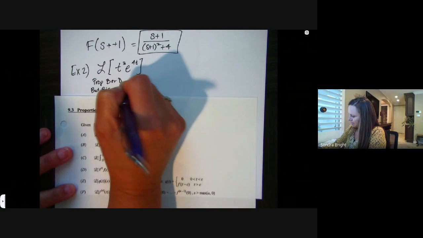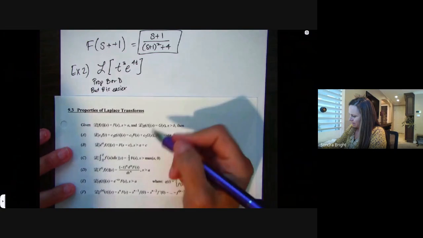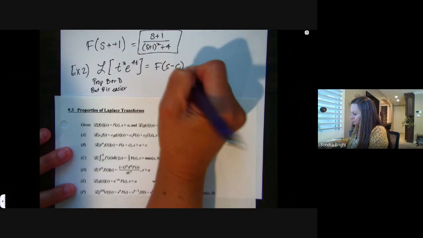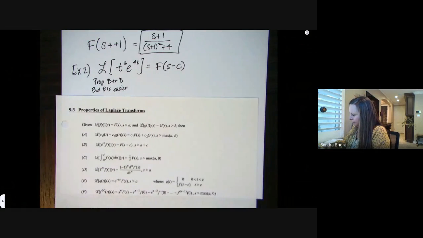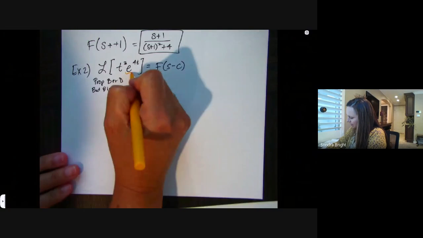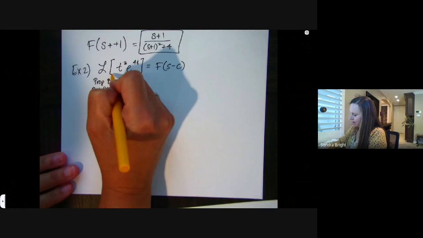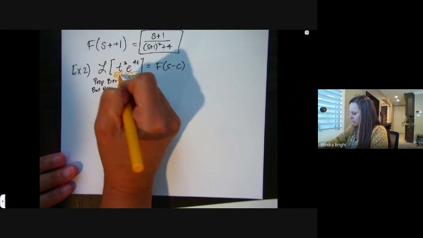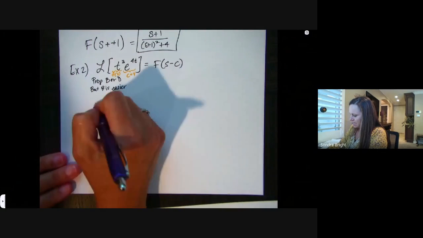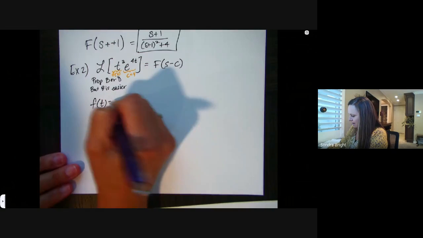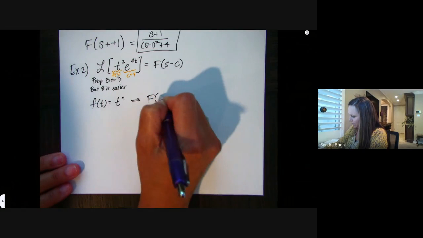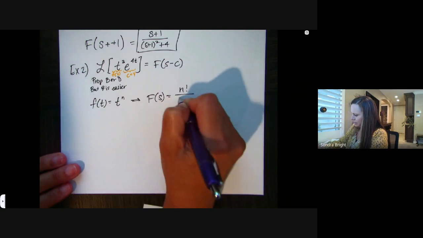So this is going to be big F of s minus c, where again your c is 4, and I'm going to let f of t be t cubed. You remember from the other lesson that if f of t is t to the n, then big F of s was n factorial over s to the power of n plus 1.